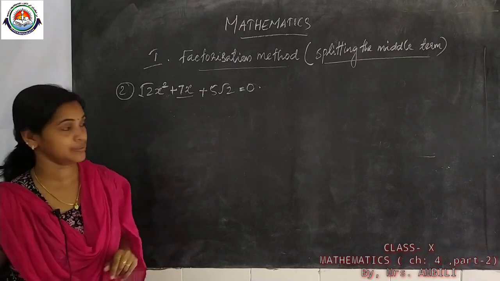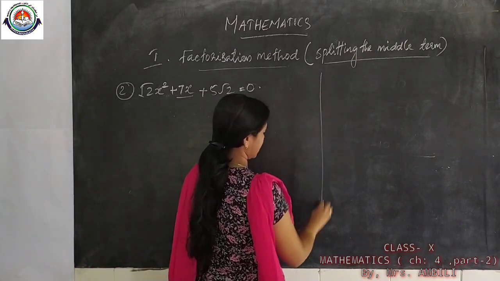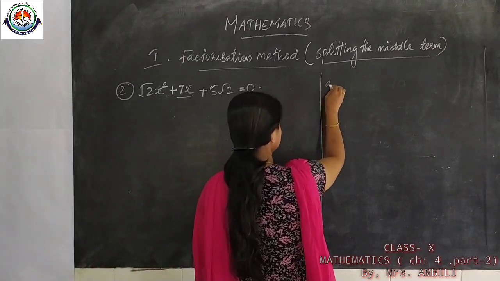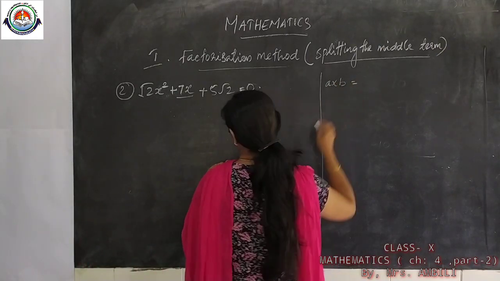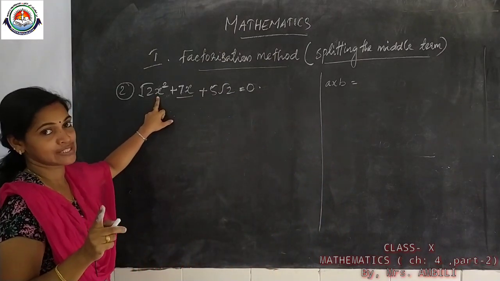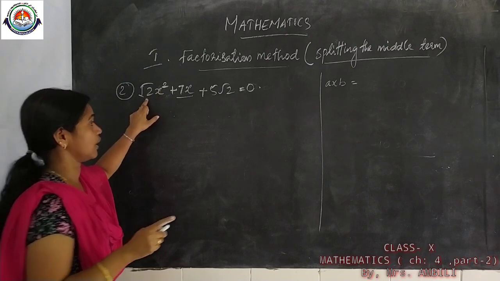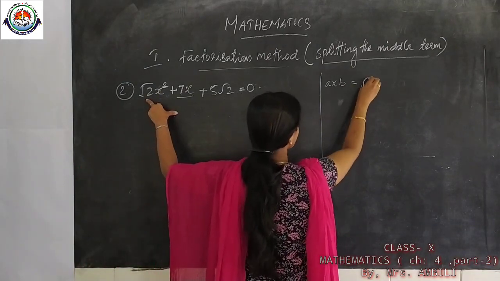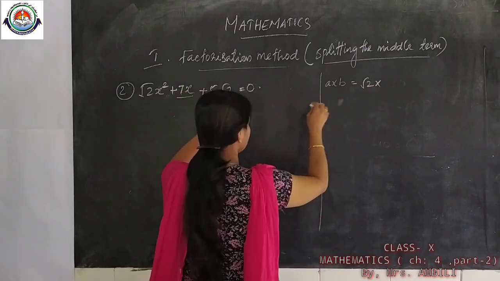You need to split it. We can take a and b, two numbers. What we need to get a into b? Here what is the coefficient of x square? In the first question 1 is the coefficient of x square. Here the coefficient of x square is root 2. So we need to get root 2 into 5 root 2.